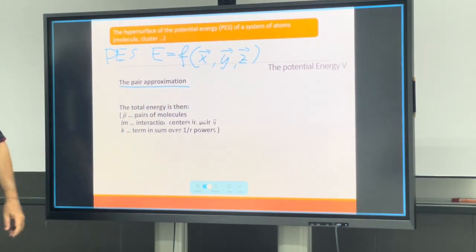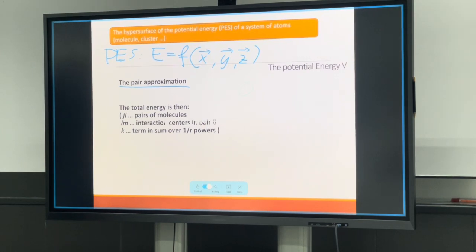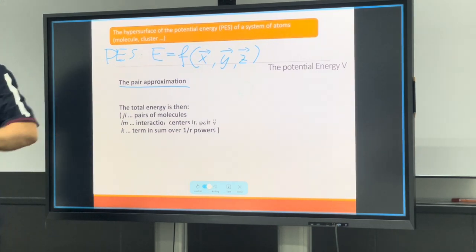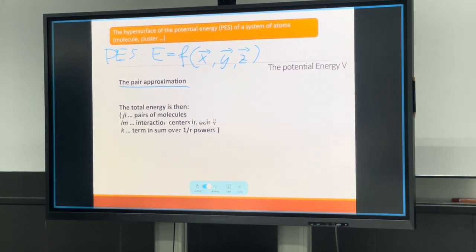The pair approximation uses chemical knowledge. It uses the knowledge that normally this potential energy surface is not some function that jumps around wildly. If you change some coordinate a little bit, you do not get a completely different energy. No, this potential energy function is a rather smooth function.